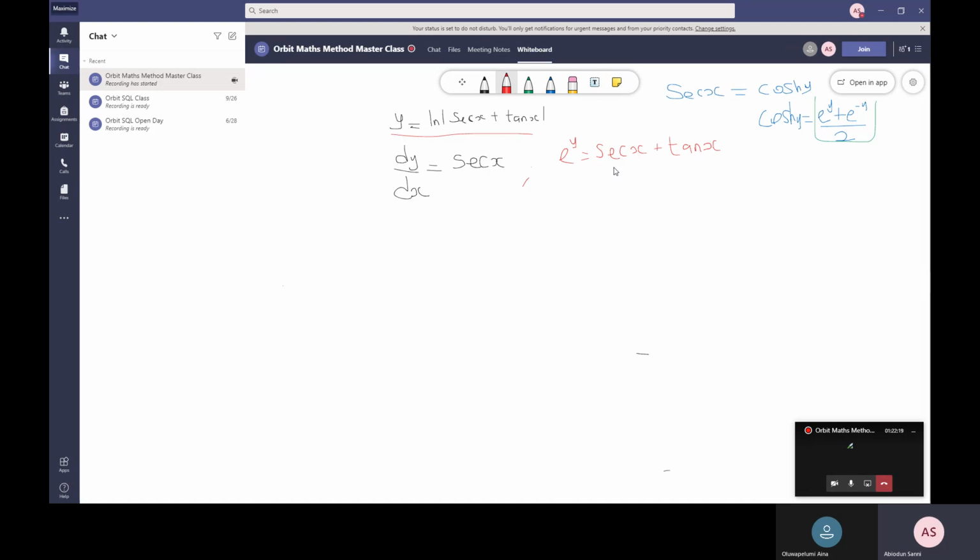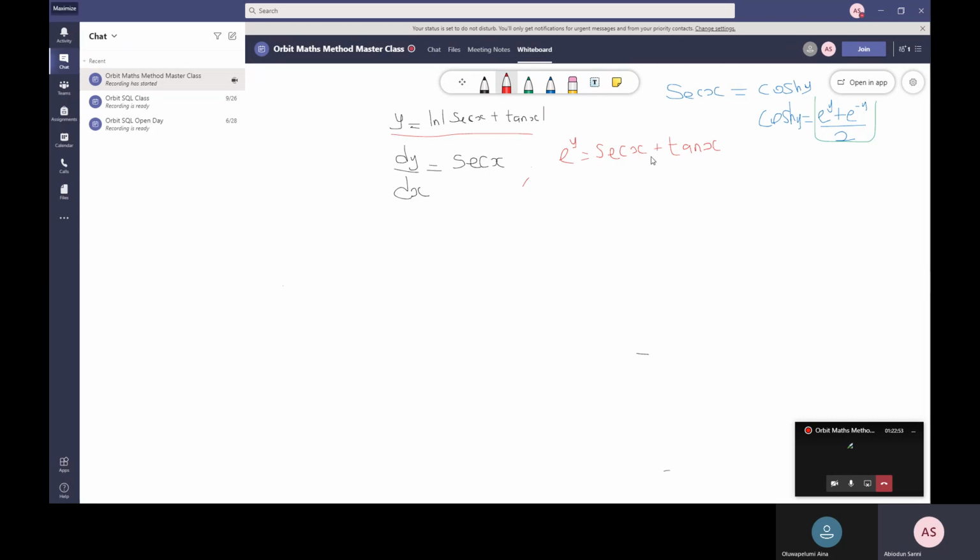So what do you think you can do? If I do 1 over this, I have exponential minus y, but that wouldn't solve my problem.